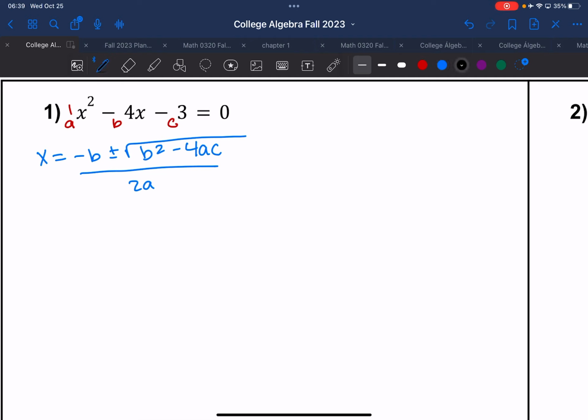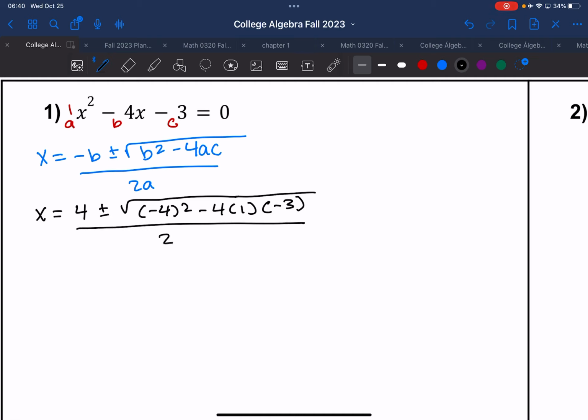Well, our b is already negative, so what am I going to write? Positive 4 plus or minus the square root of b squared, so negative 4 squared, minus 4 times a, which is 1, times c, which is negative 3, all over 2 times a, which is 2 times 1.